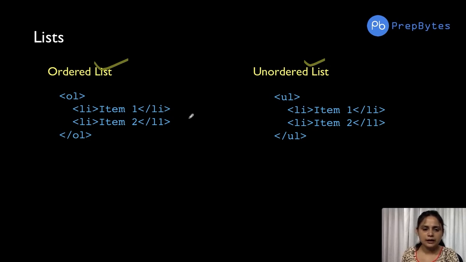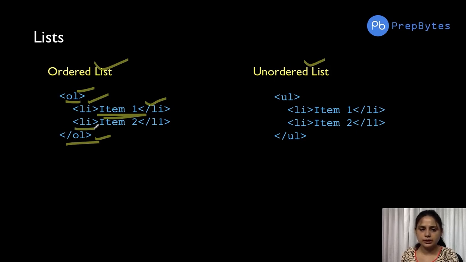So now for having an ordered list, first we have to use the OL tag. This OL tag means that I am using the ordered list. So you have the opening tag here, the closing tag here, and inside the opening and closing tags you have all the items. Each and every item that you want inside the list has to come under the li tag. So we have the opening li tag, then the content that we want to write, and then the closing li tag.